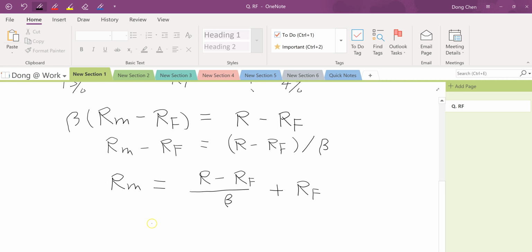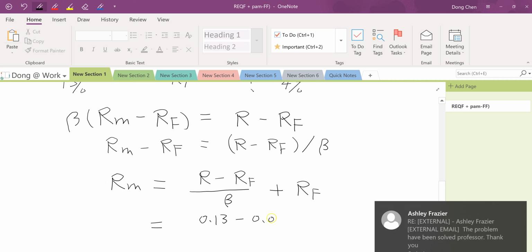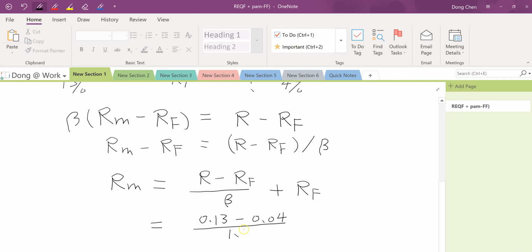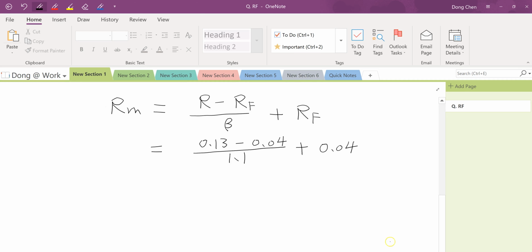Now I can plug in everything. R_i, as we said, equals 13%, so I use a decimal, 0.13 minus R_f, which is 4%, divided by beta, 1.1, plus R_f. Now I can put this into my calculator and get the final solution.